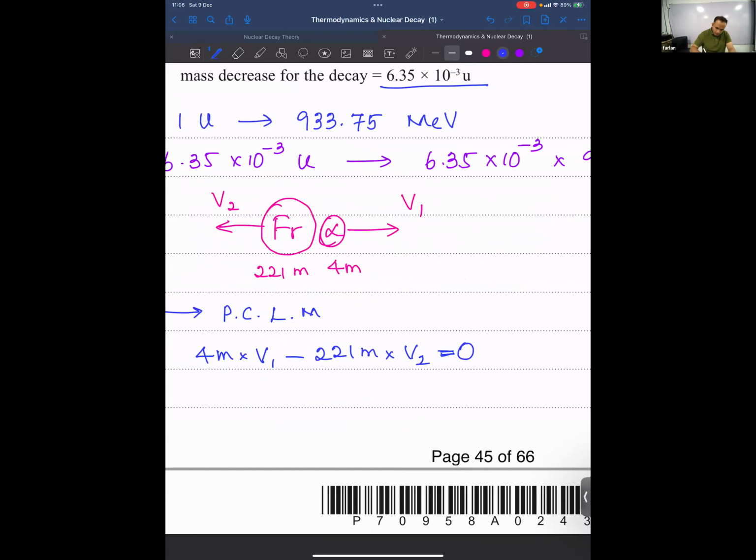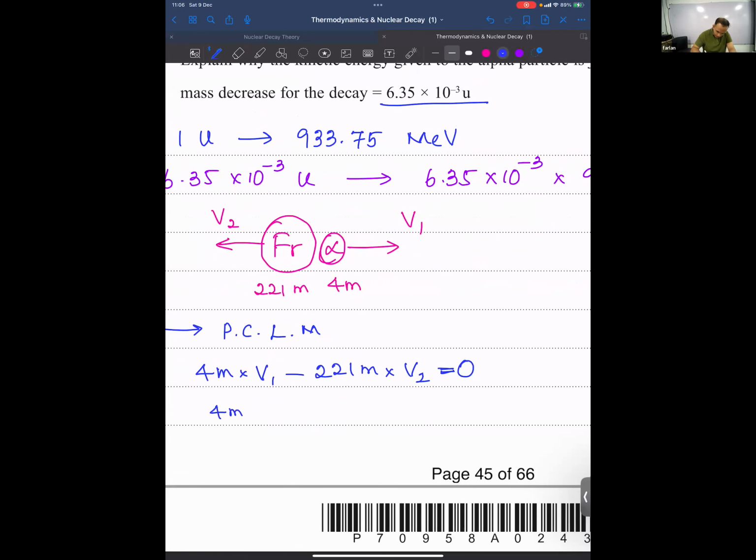So simplify this. 4m V1 equals 221m V2. That tells me m and m will cancel off. V1 is 221 over 4 V2. Agree? Okay.